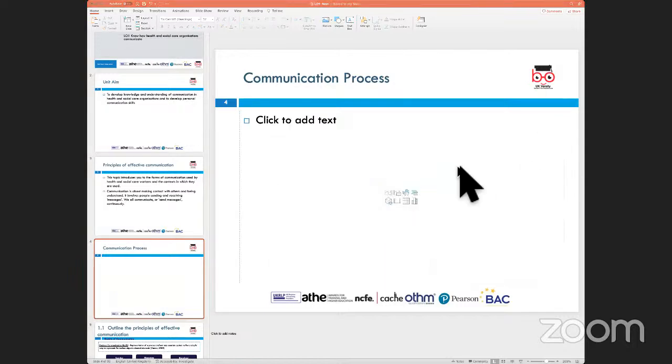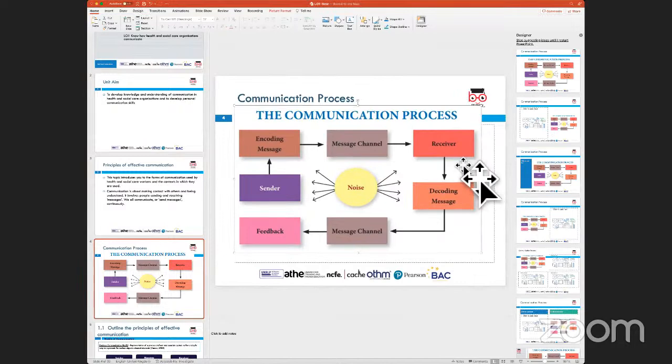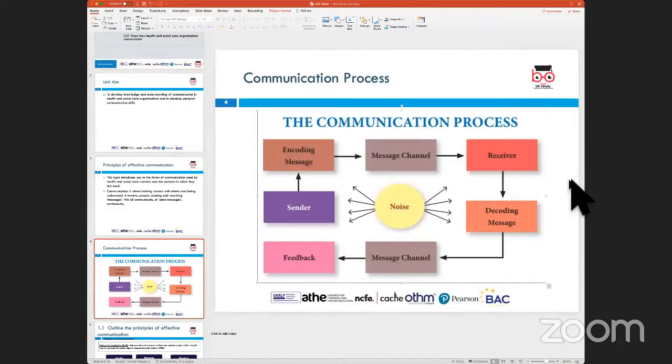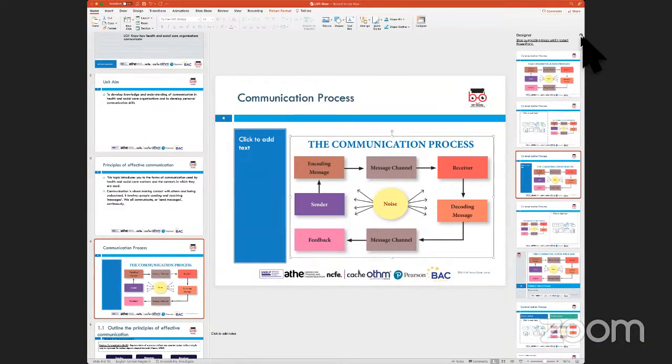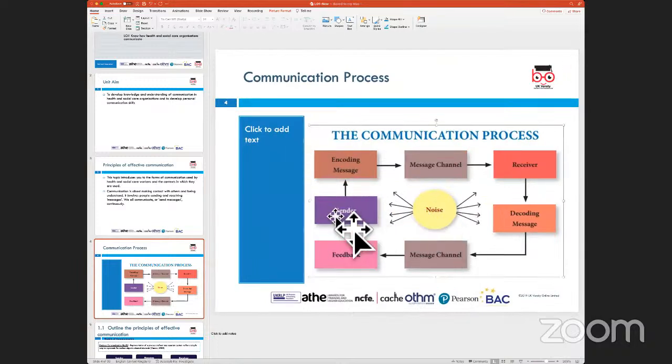Now, let me explain this in a bit more detail. If I'm the sender and I use technology, for example, if I send an email to you, I cannot just type an email.